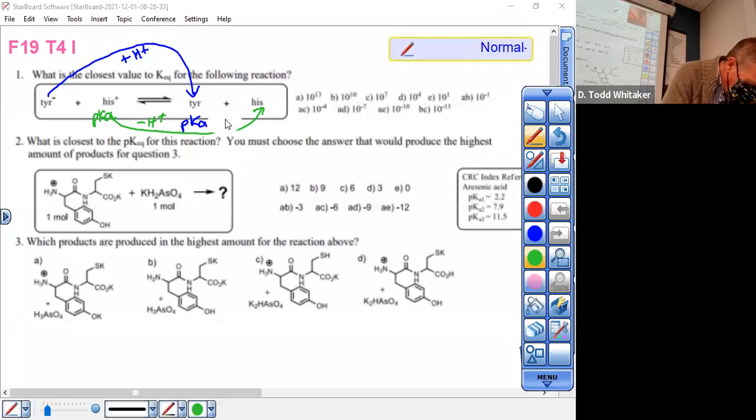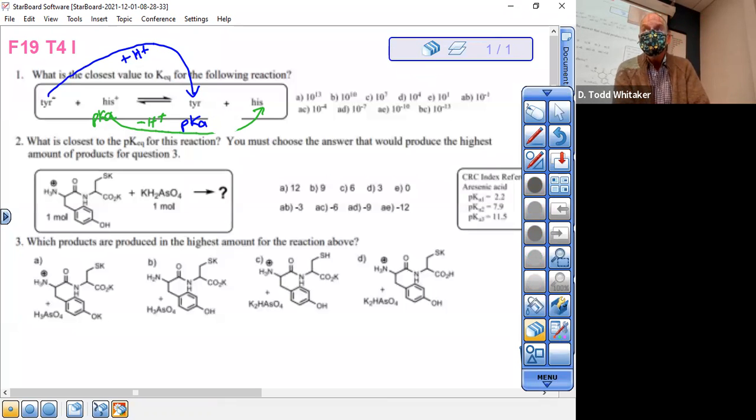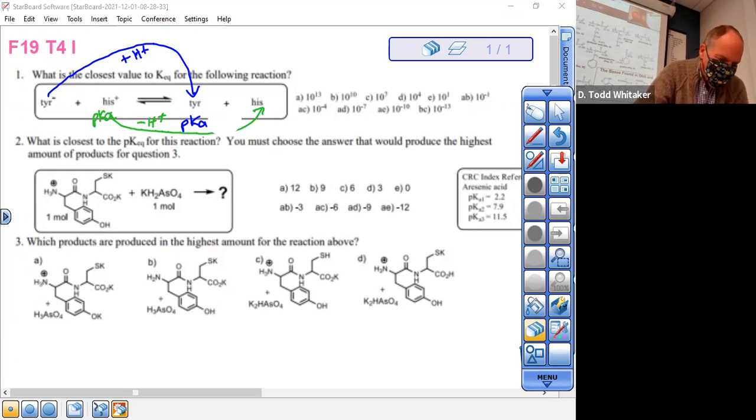All right. Where's my eraser? Okay. Getting our stuff together here. We need to know the pKa of histidine when it has a +1 charge. That's our first job. And we need our useful information handout for histidine when it has a +1 charge.